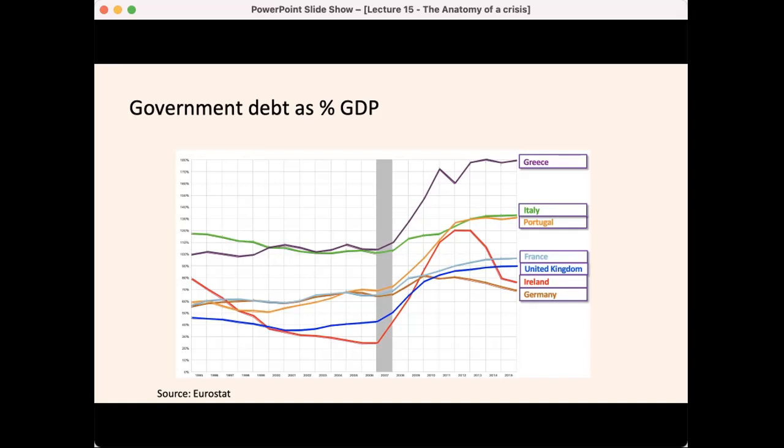But why does government debt increase so dramatically? As you can see, the curve goes up very steeply as a consequence of the financial crisis. Well, principally, it's two reasons. One is that as an economy moves into recession, transfer payments go up, i.e. welfare payments go up dramatically, which increases government spending.